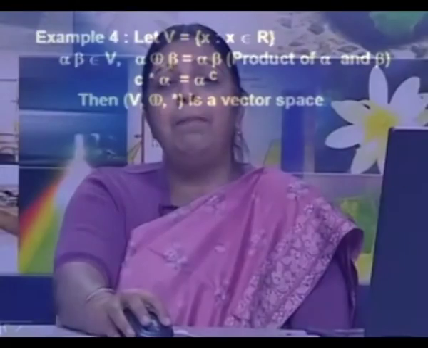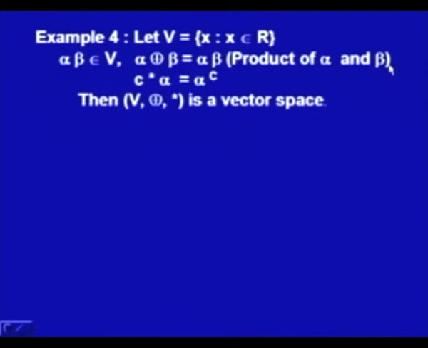I am not using the plus sign here, because plus may be a little bit confusing. By addition I actually mean the product of two vectors alpha and beta, alpha being defined as a real number.